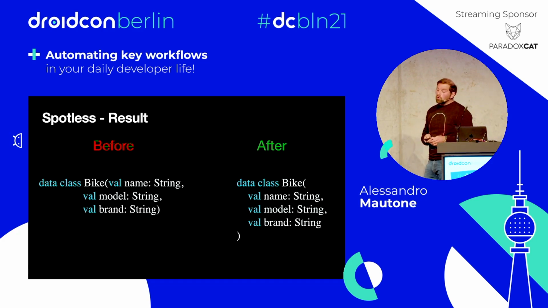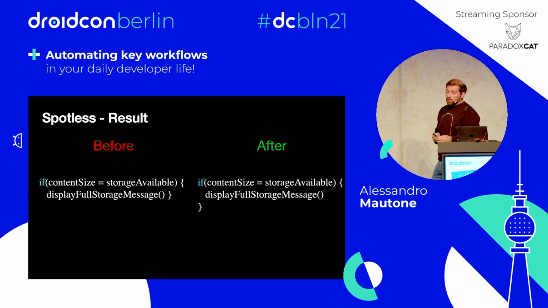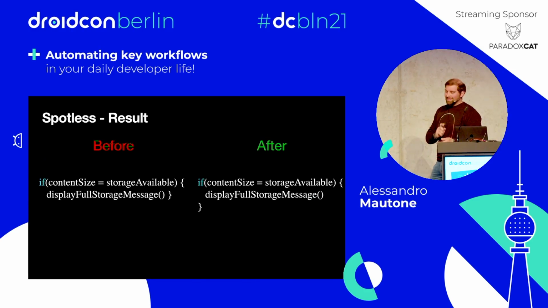Another simpler example, but still something if you pay attention to details: here there is no spacing on the left, and there is going to be proper spacing automatically on the right. And another cool example is this one, where someone didn't put the end bracket properly in a new line, and the tool is going to do this automatically for you.